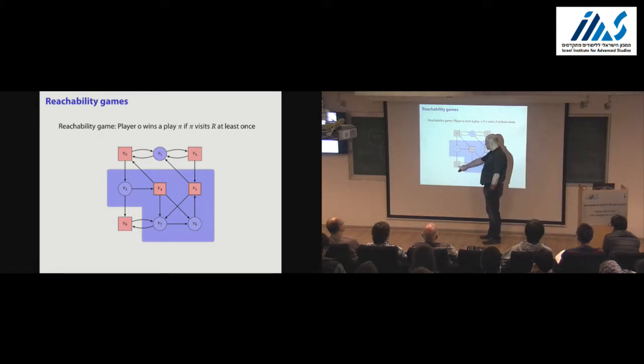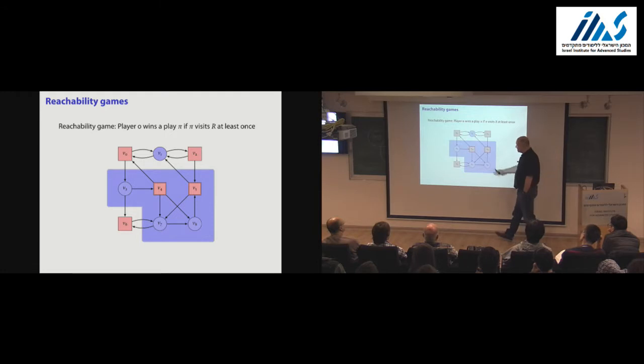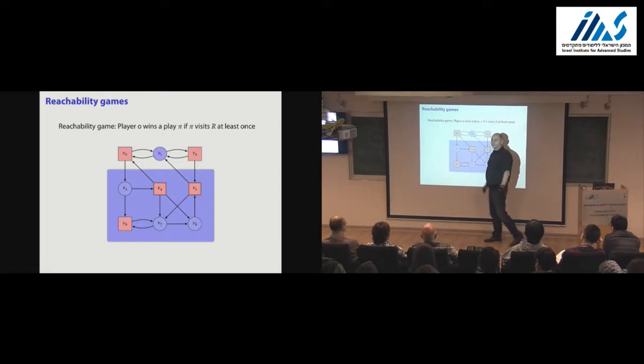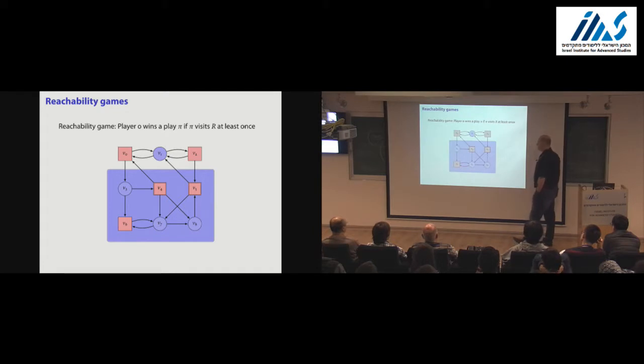V6 is an interesting case because it's owned by the other player. But if I look at that state, I see that the other player doesn't really have a choice because there's only one edge that leads into a state that I already classified as winning. So this is also a winning situation because in the next step I will be in a state that I have already classified as winning.